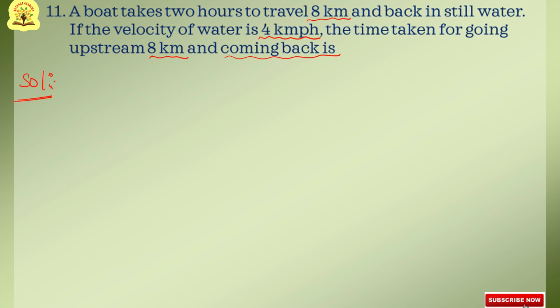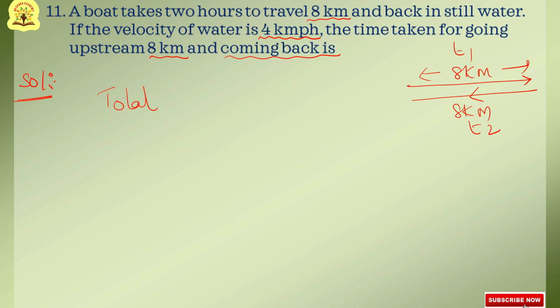Here in still water, suppose, for example, from here to here, assume that it is T1, 8 kilometers, and again coming back, also the same 8 kilometers, assume that it is T2. Total time is equal to T1 plus T2.